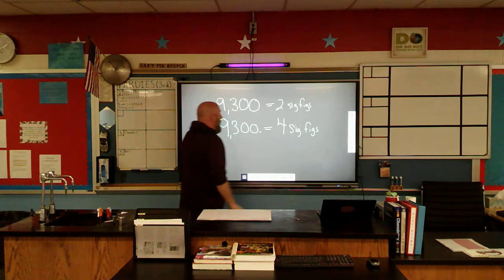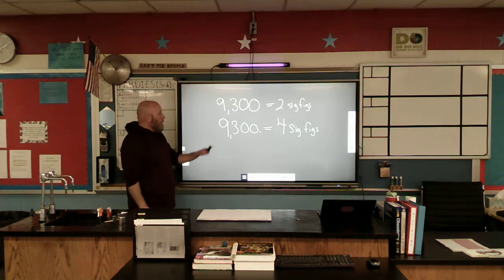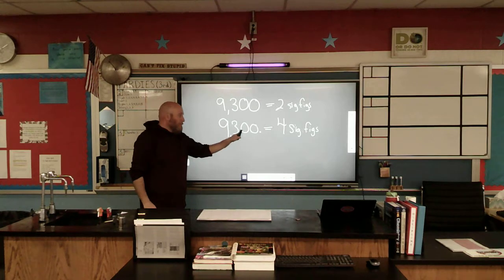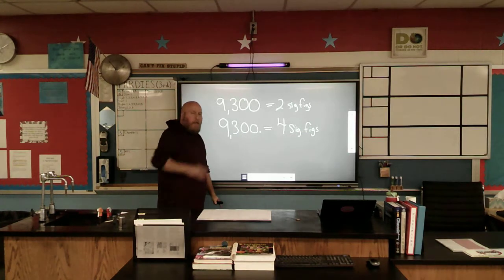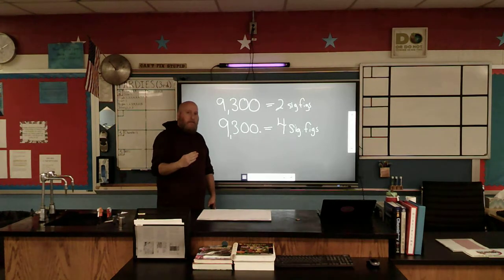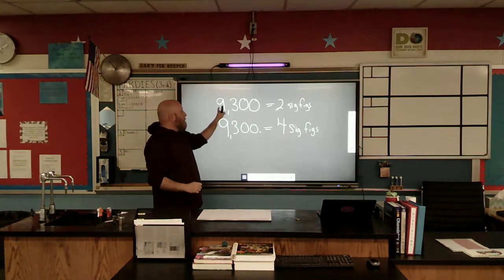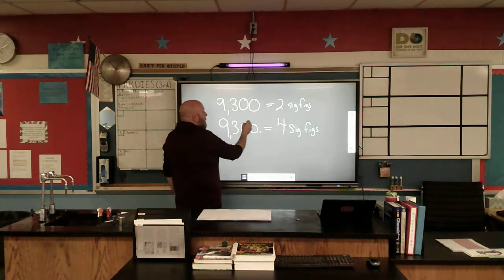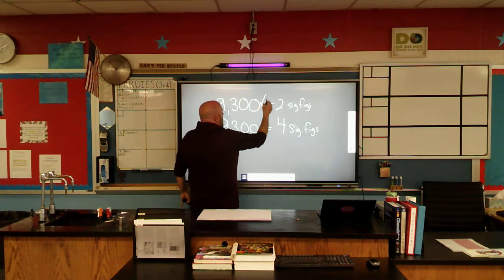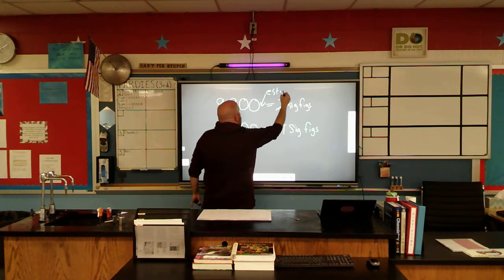Now, why is that? What this means is whatever I've done with this number, I have measured it to exactly 9,300. There's no change here. It's going to be exactly 9,300, okay? This one right here, 9,300 with no decimal, is kind of an estimate. We're not exactly sure what it could be.